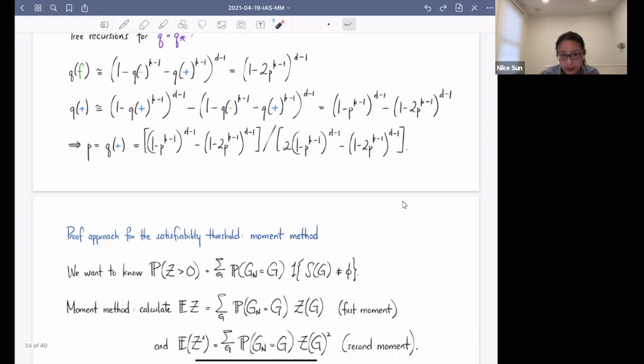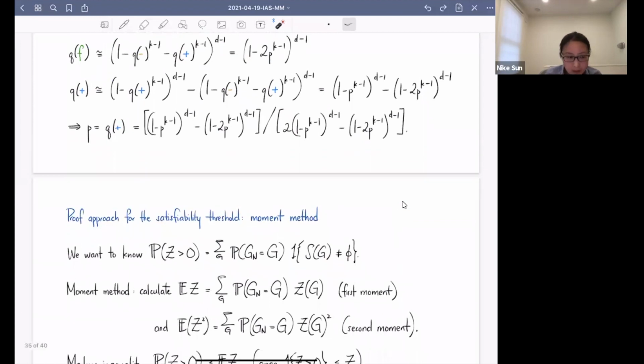So the proof approach is by the moment method, and the idea of it is the following. We want to know whether the model is satisfiable. So we would like to know the chance that the number of solutions is positive. This is the sum over all possible instances of the chance that you have that instance, and then the indicator that this instance is satisfiable.